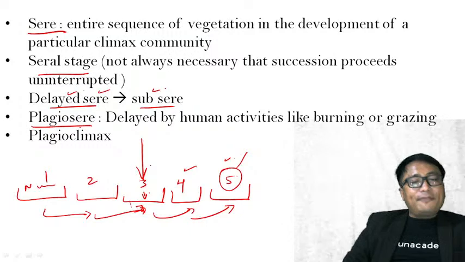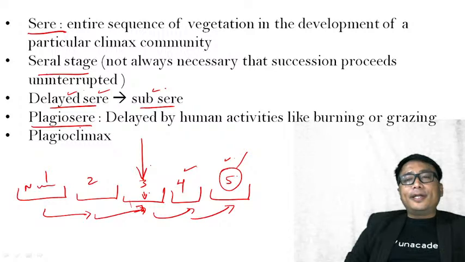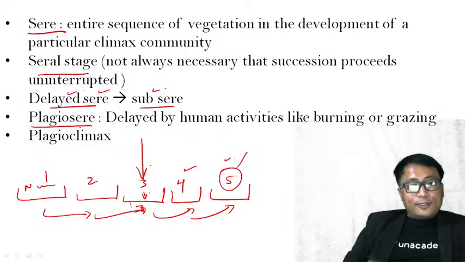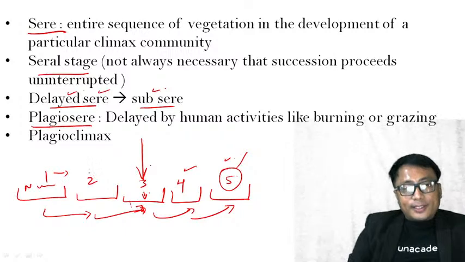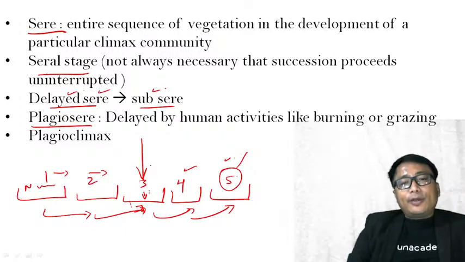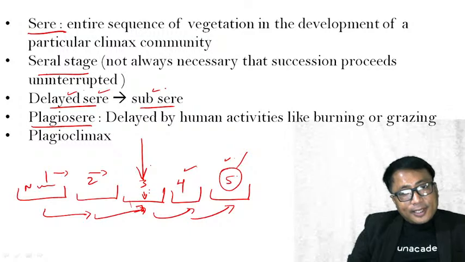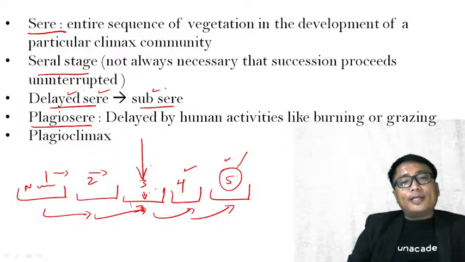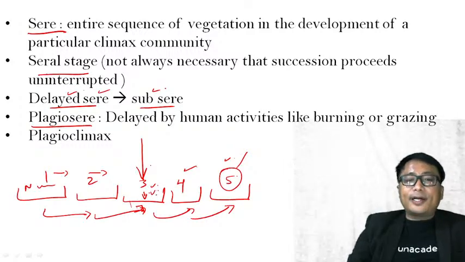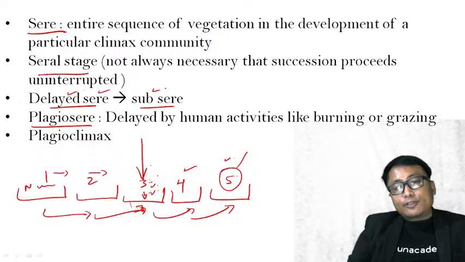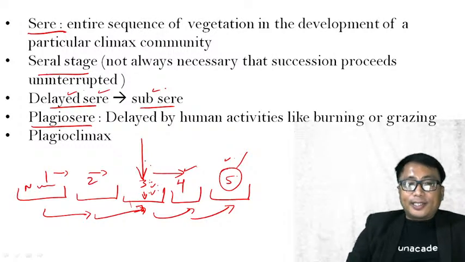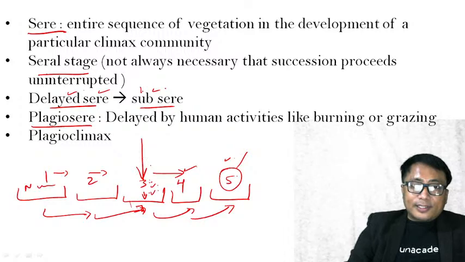A plagiosere is when the succession process is delayed by human activity like burning or grazing. Clear? So in the development of this ecological succession, for example here in stage 3, if it is delayed by human interference like burning of the area or overgrazing, so that stage 3 is not able to go to stage 4, then it is known as a delayed sere, also a subsere.